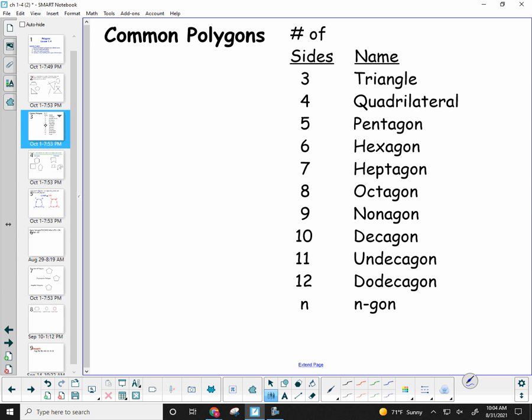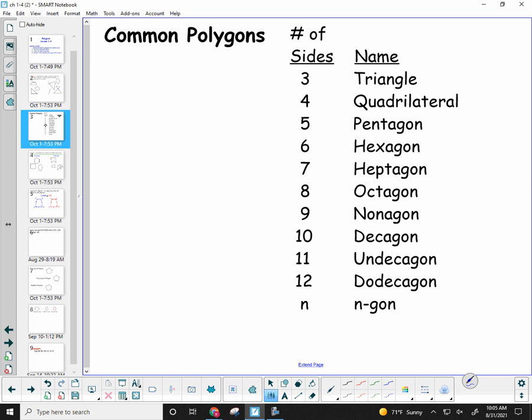Next thing you need to know are the common names. For standardized testing, not just our tests, but like the ACT, SAT, even really into college, you need to know the specific names of polygons with 3 sides through 12 sides. You should know them by name. Most of these you're going to recognize.